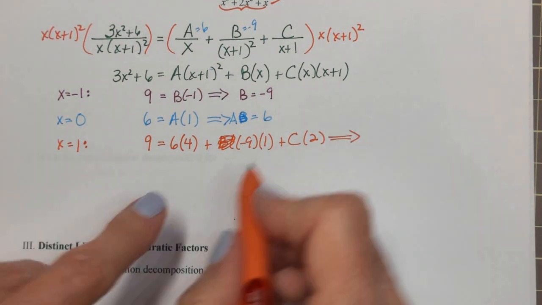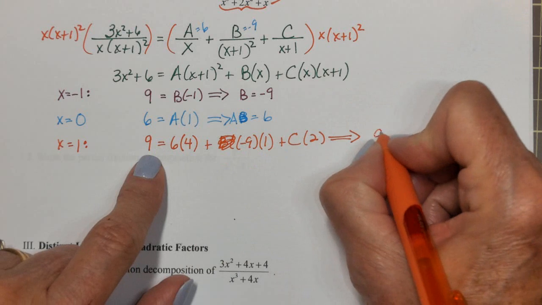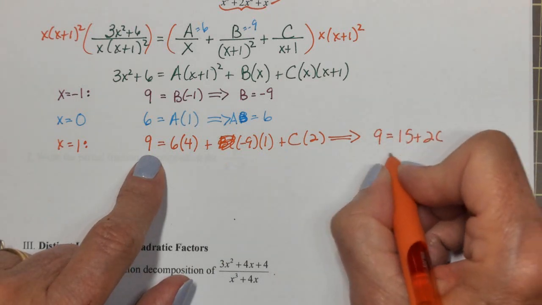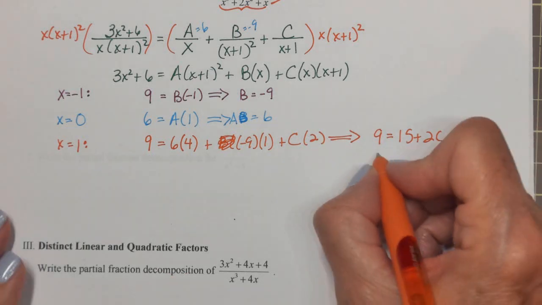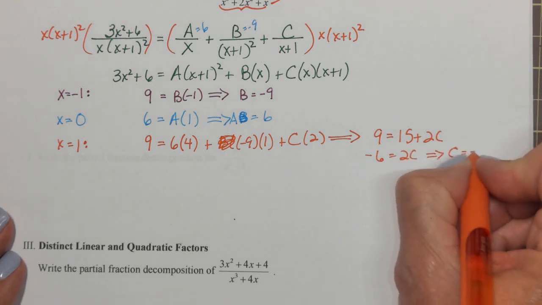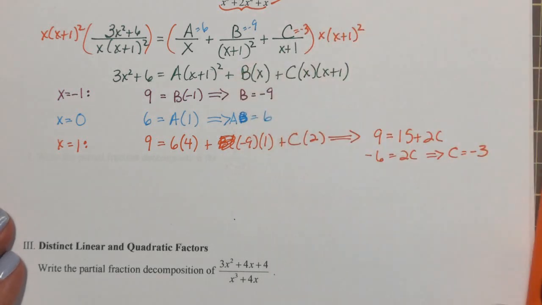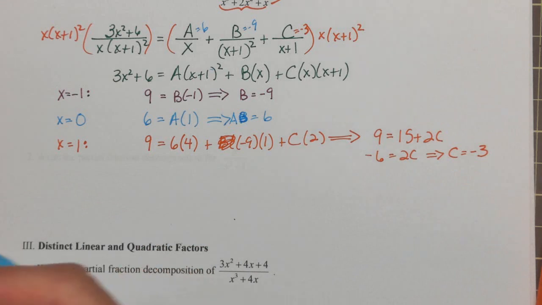So therefore, this is 24 minus 9, that's 15. So our equation is going to be 9 is equal to 15 plus 2c. If you subtract 15 from both sides, you get -6 is 2c, which tells me that c has got to be -3. So now we know a, b, and c, and if we're in an FRQ, you want to state your answers.